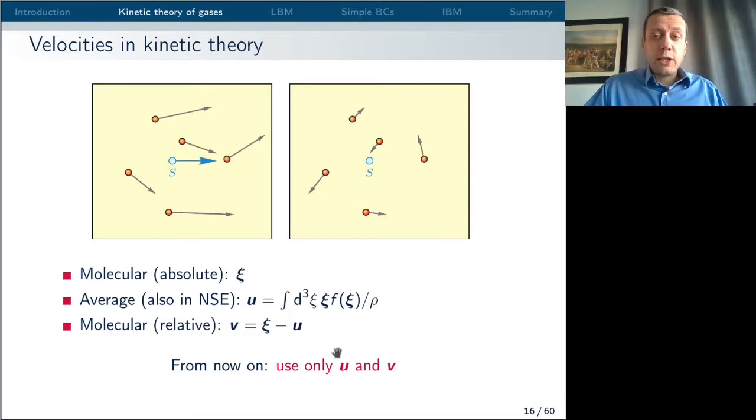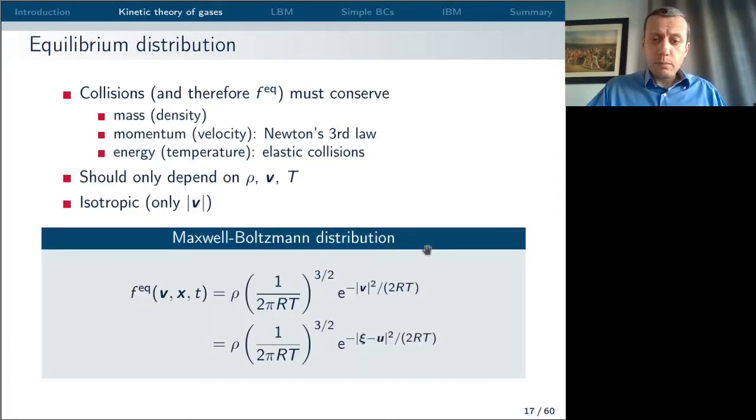U will actually be the macroscopic velocity of the liquid at a given point in space. It's the average velocity of the molecules in a given area. And V tells us how the molecules on an individual basis are distributed in velocity space around the velocity U. Now, the equilibrium distribution, this is something that was shown some time ago, the Maxwell-Boltzmann distribution, for those of you who have done statistical physics, that is actually the distribution you will eventually get for these molecules.